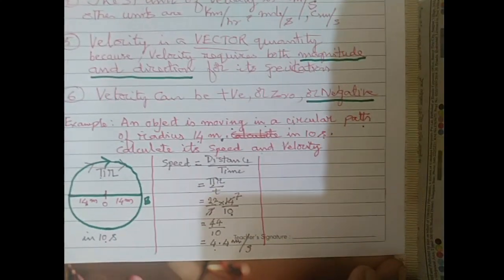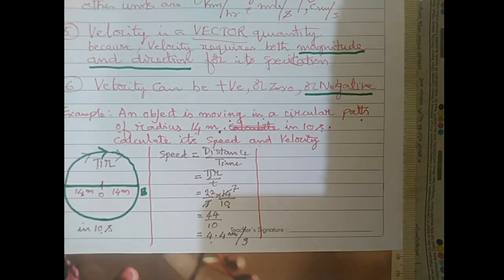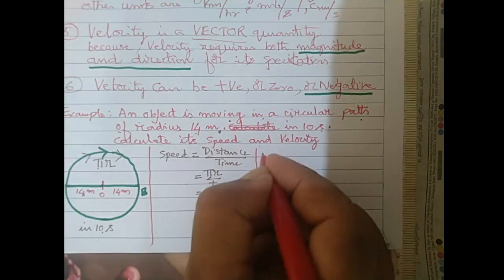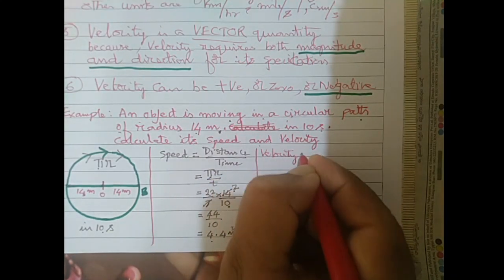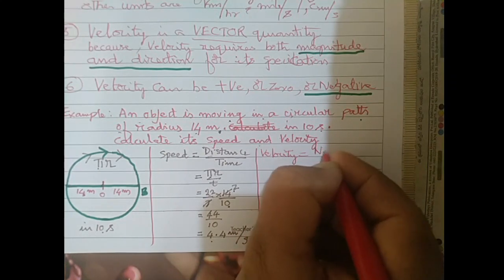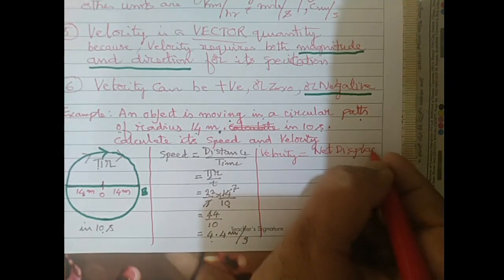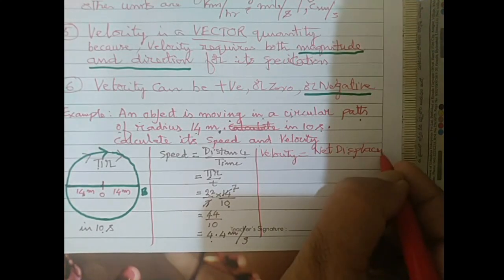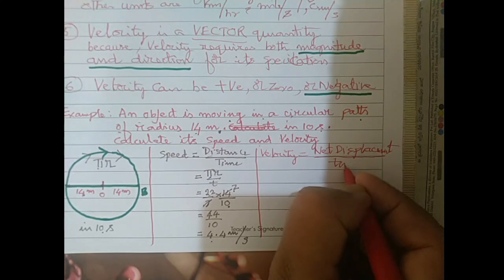Now let us calculate the velocity. To calculate the velocity, we will take up the formula: velocity is equal to net displacement by time taken.